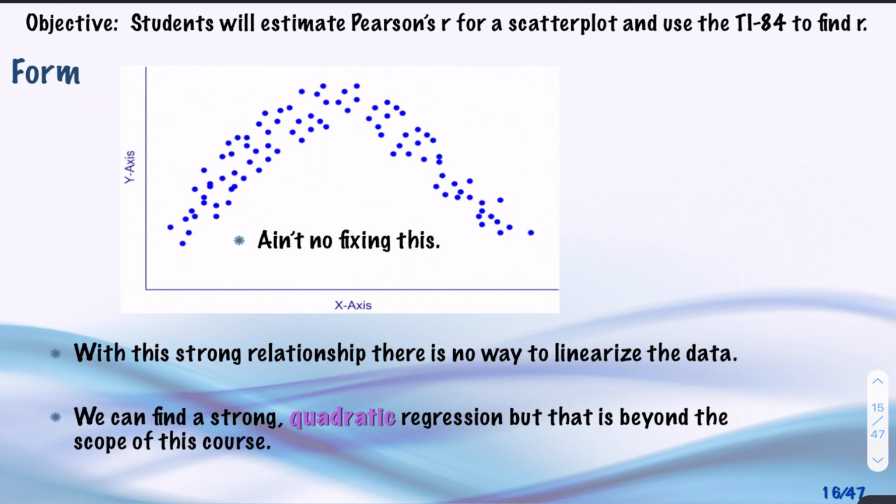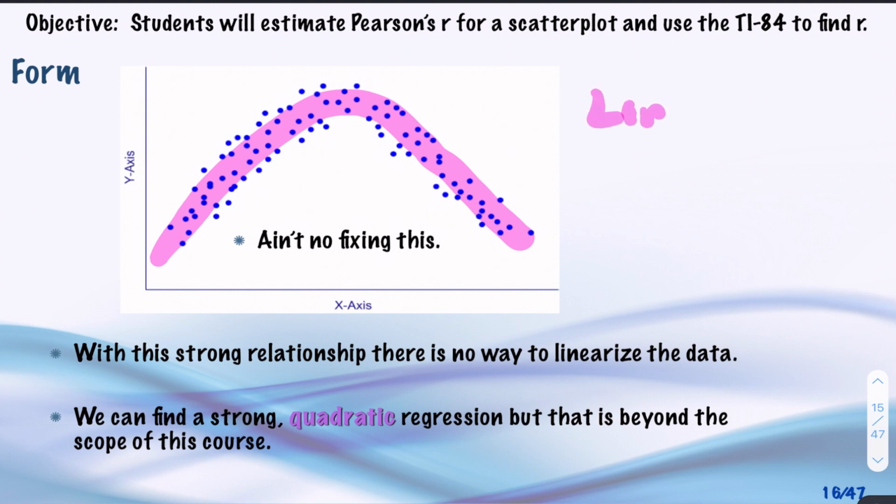Likewise, if you see something that looks quadratic or cubic or sinusoidal, there ain't no fixing this. We are not going to linearize this data set. By looking at this, obviously you see that it looks like a curve or a quadratic. With this strong relationship, there's definitely a relationship here, but that's not a line. So we can find a strong quadratic regression, but that is beyond the scope of this course.